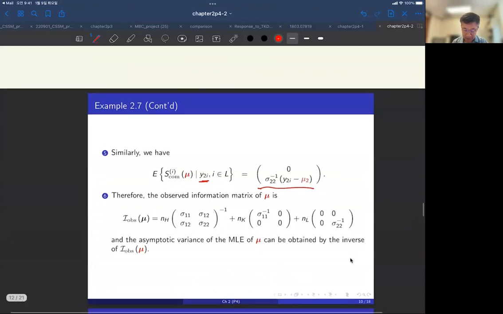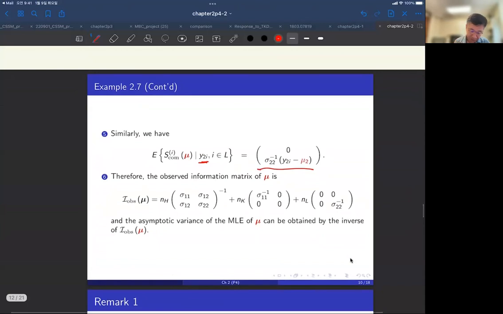So that's what we get. And now from here, you can derive the information by taking the partial derivative of the score function, and take the negative. So for the H set, you get this one.